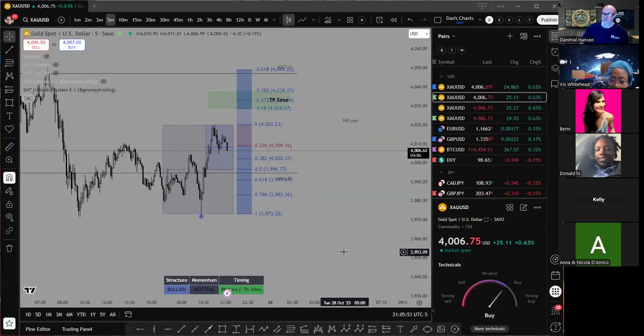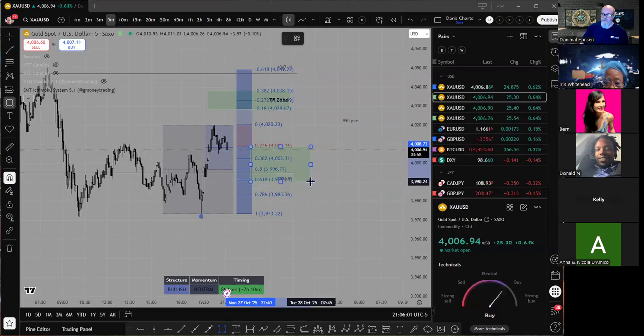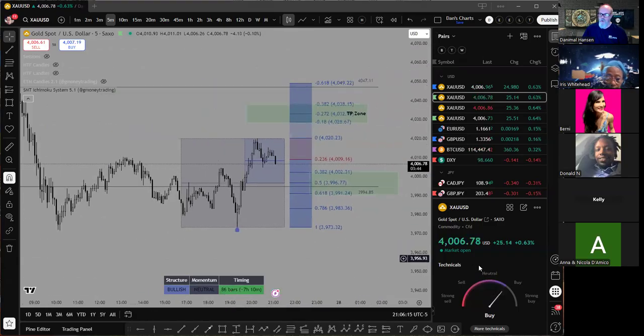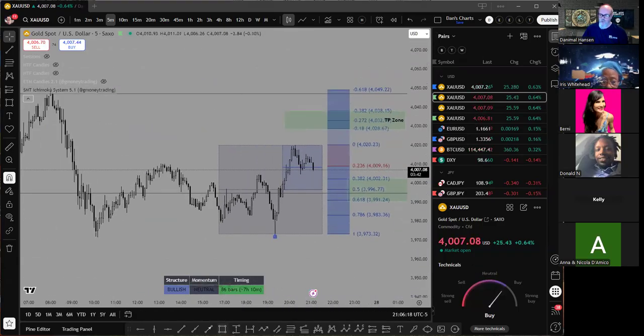And so our entry zones can be anywhere from here to here, to 618. Right now we're already into the 236 zone, so even the 382 would be a good entry zone. And we got a little area of support and resistance right at this level.